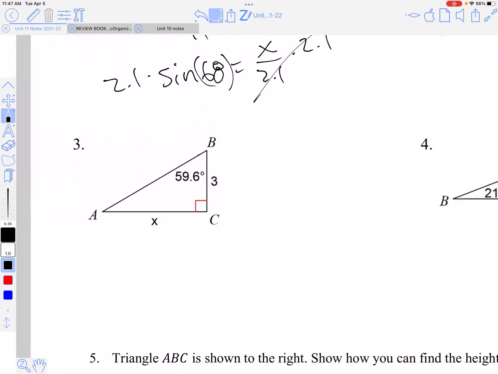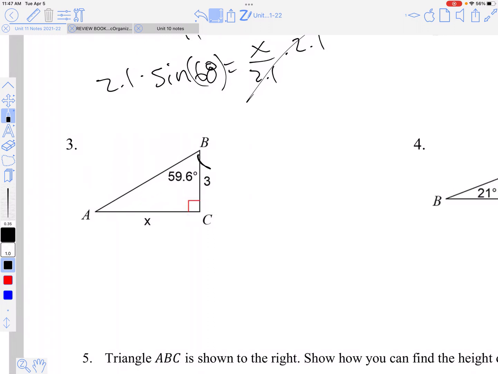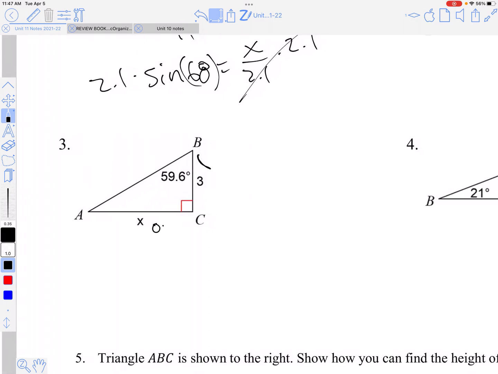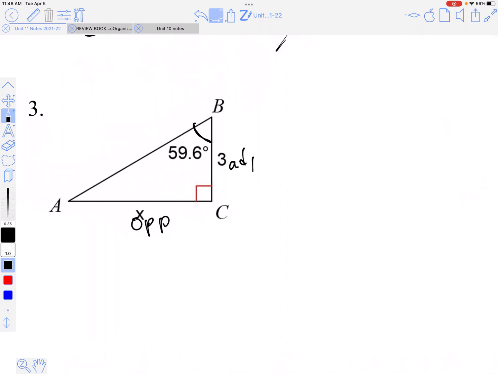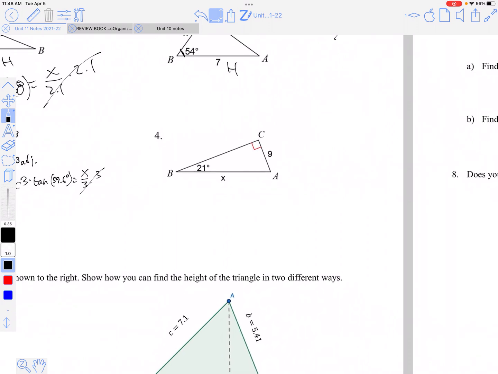Then down here, if this is our angle, that means that this is opposite, and this is the adjacent, which means I'll need to use tangent of 59.6, and that'll give me opposite over adjacent, and I'll multiply both sides by 3. And then put it in my calculator.